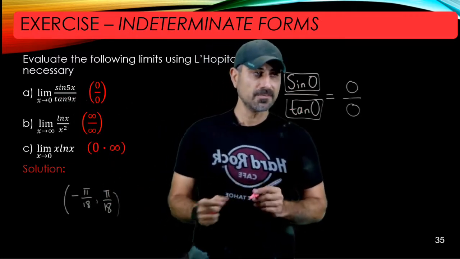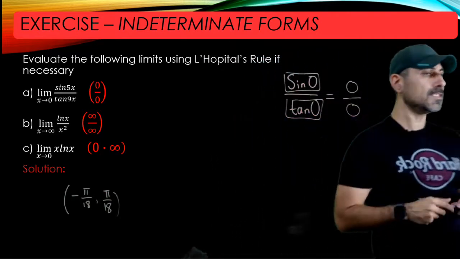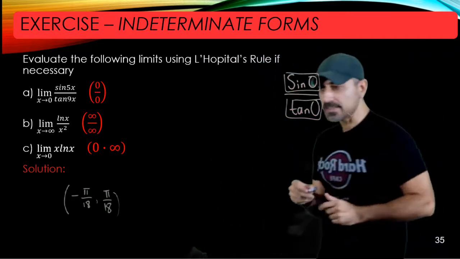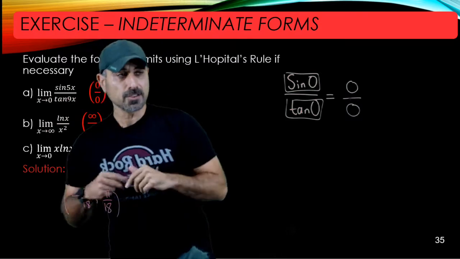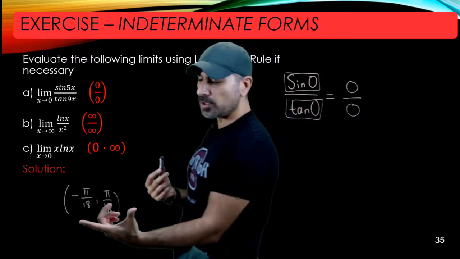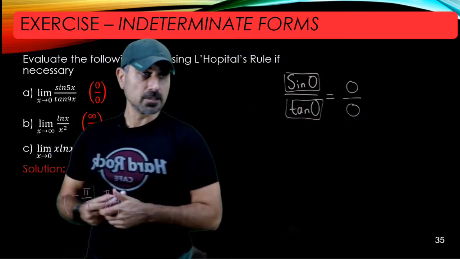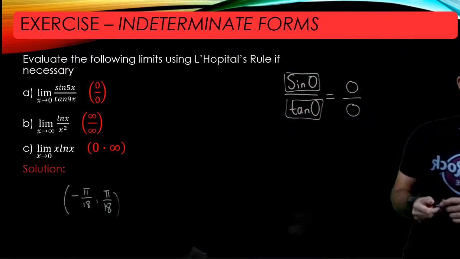So that's also undefined. But anywhere in between negative pi over 18 and pi over 18, we should be safe. And that also contains the limit point 0. Even though the tan function is 0 at that point, that's okay, because tan is non-zero on this interval. You can actually graphically check that tan is non-zero on that interval.